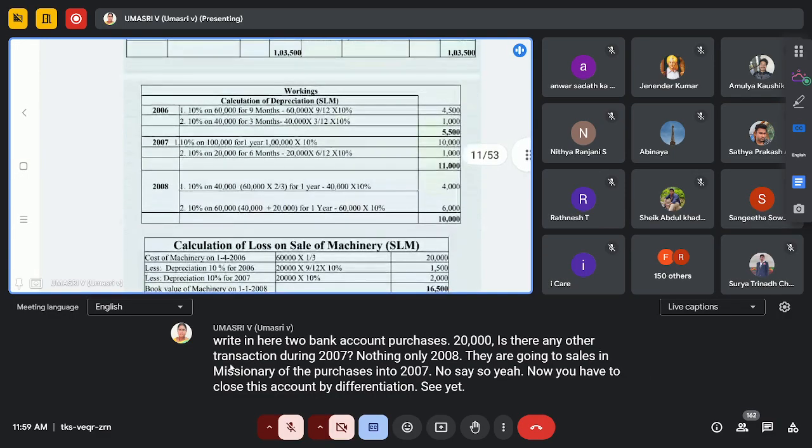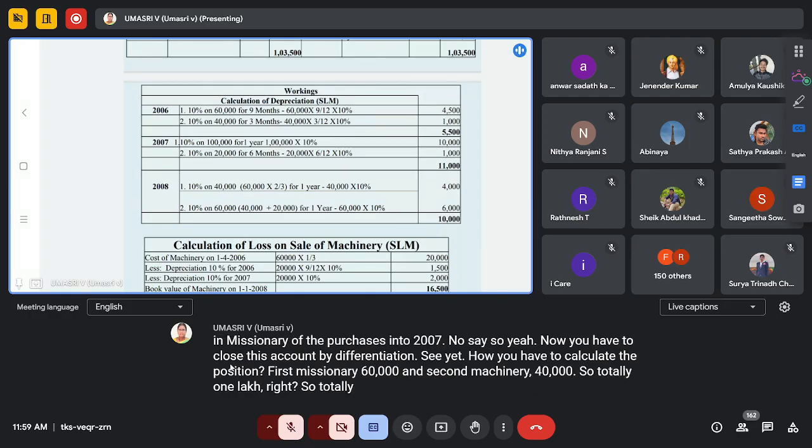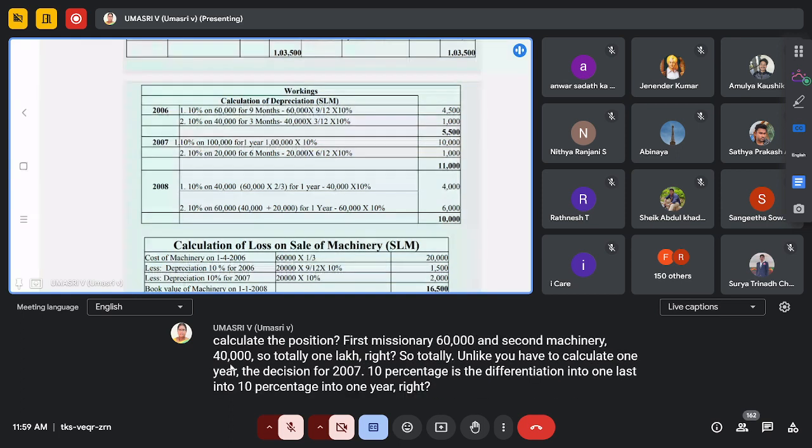See here how you have to calculate depreciation. First machinery 60,000 and second machinery 40,000. So totally 1 lakh, right? So on 1 lakh you have to calculate one year depreciation for 2007. 10% depreciation into 1 lakh into 10% into 1 year, so 10,000.